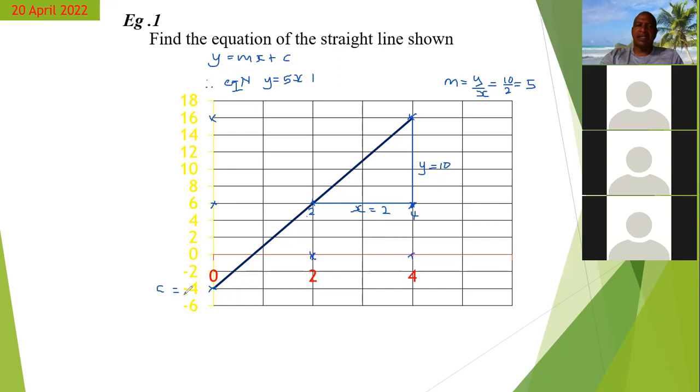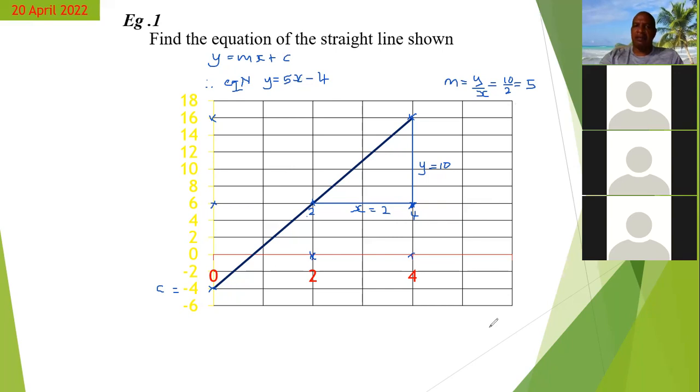Well, in this case, c is -4, so you wouldn't have a plus. You would just have -4. And that's what the equation will be. So this is the equation that you should get.